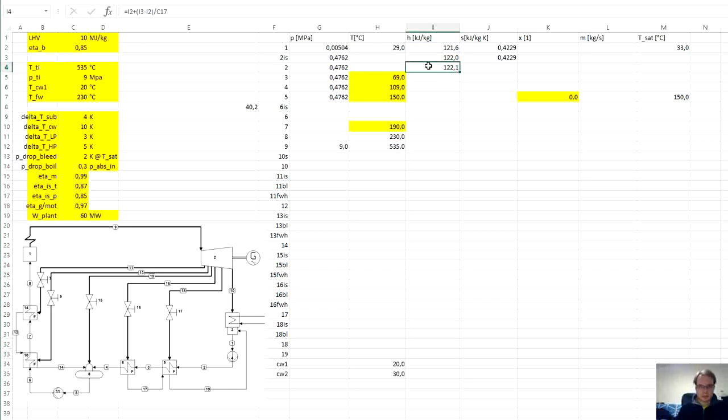Now state 2, we have enthalpy, we have pressure, we can calculate temperature based on this.